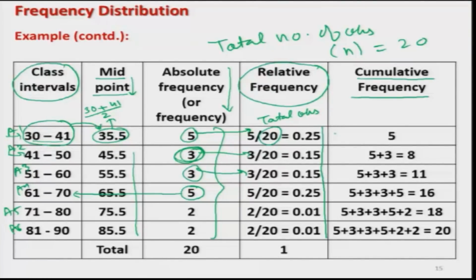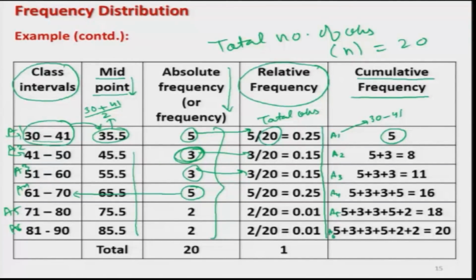Now, I can rewrite this as class A1, class A2, class A3, class A4, class A5 and class A6. The total number of observations in the given set of data in class A1 is 5, where A1 has the limit 30 to 41.